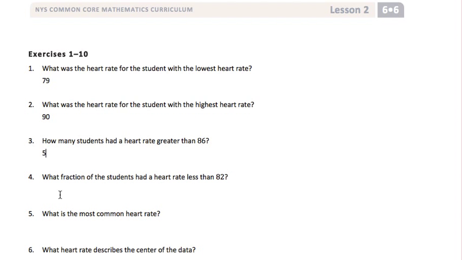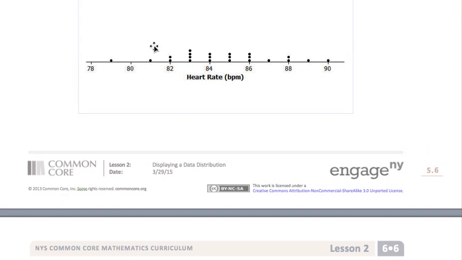What fraction of the students had a heart rate less than 82? So again, we're looking at the numbers that are less than 82. That does not include 82. And there are 2, and we're writing a fraction, so that means we need 2 out of the total number of students.